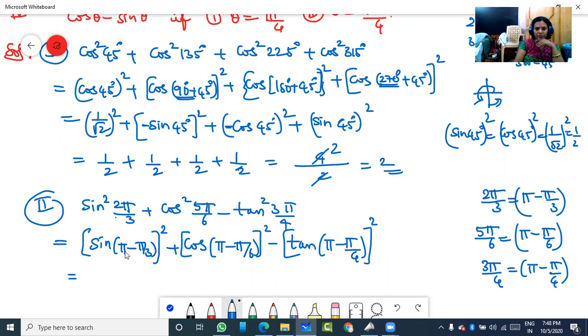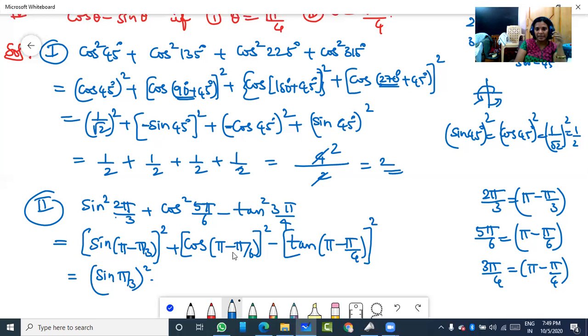Pi means 180. 180 minus theta, that is, in the second quadrant, sine is positive. So, sine of pi by 3 whole square.